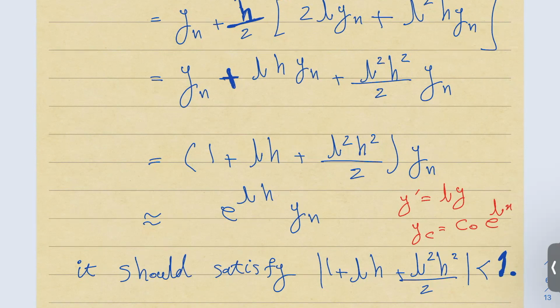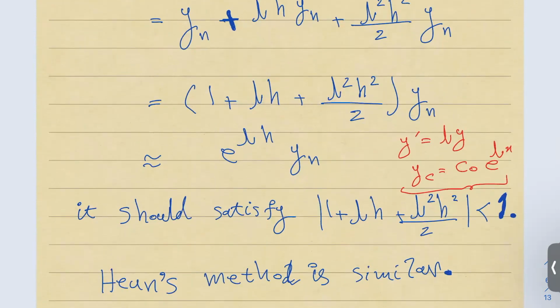I'm confused. Okay, yeah, it's this. So from here, we know that this absolute value should be less than 1. All right, Heun's method is the similar version.